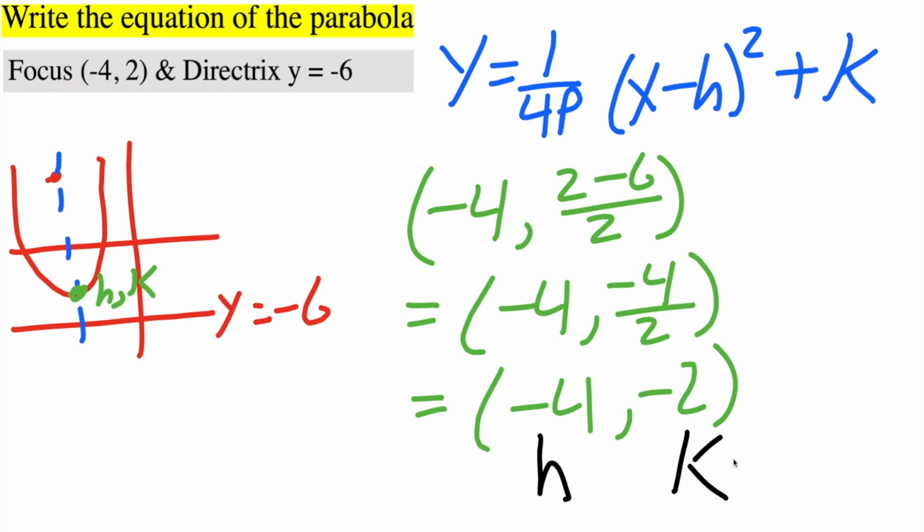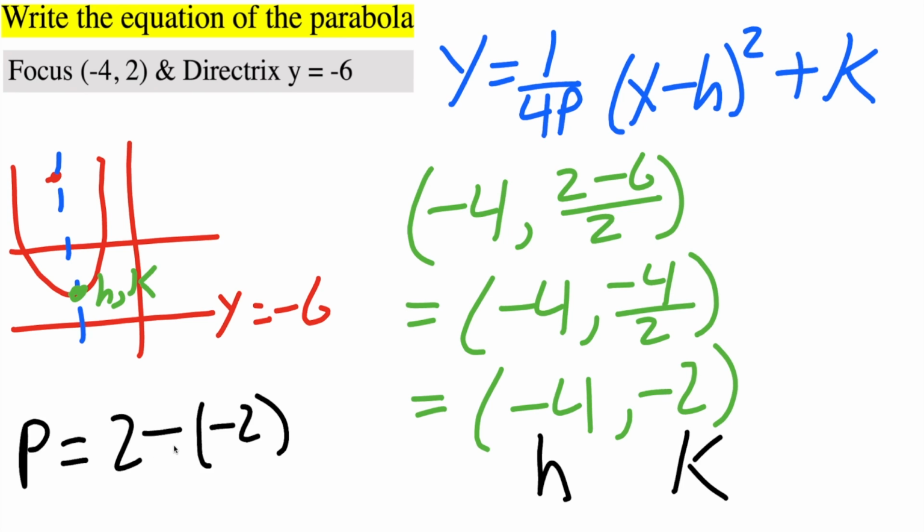Step 5 says determine p, and p is the distance from the vertex to the focus. And again, the focus is just directly above the vertex. So again, we're just going to focus on the y value. So our p is going to equal this y value, 2, minus this y value, which is -2.